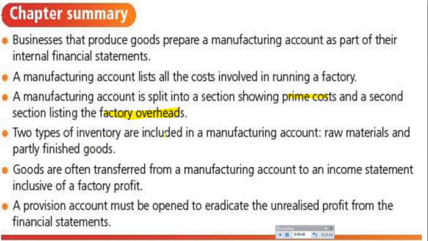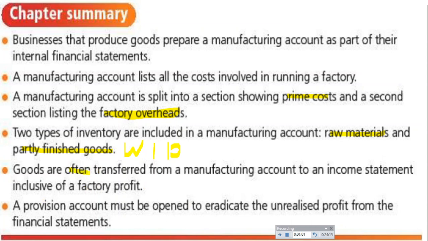Two types of inventory are included in the manufacturing account. Yes, in the manufacturing account, inventory of raw material was adjusted, and then work in progress. Partly finished goods means your work in progress. Inventory of work in progress was adjusted. That's right. Goods are transferred from the manufacturing account to the income statement inclusive of factory profit.